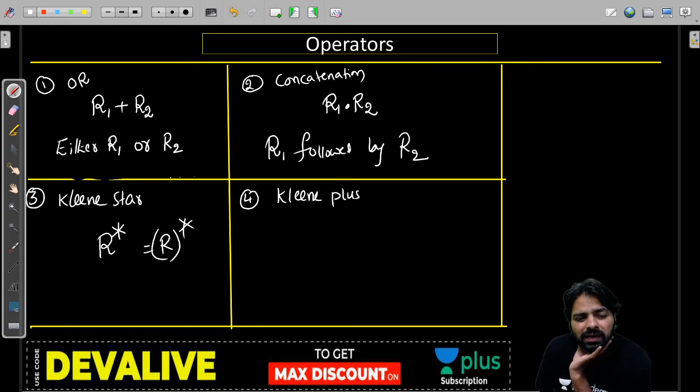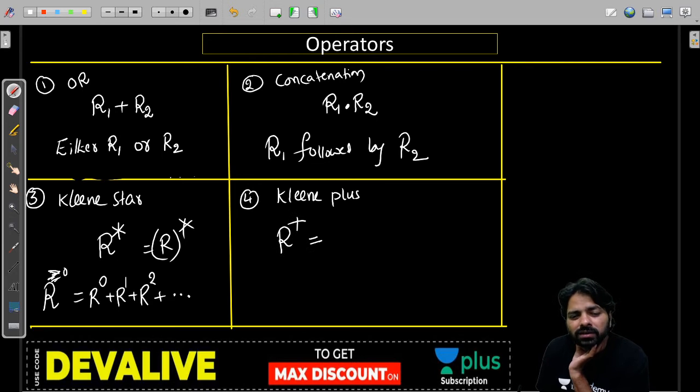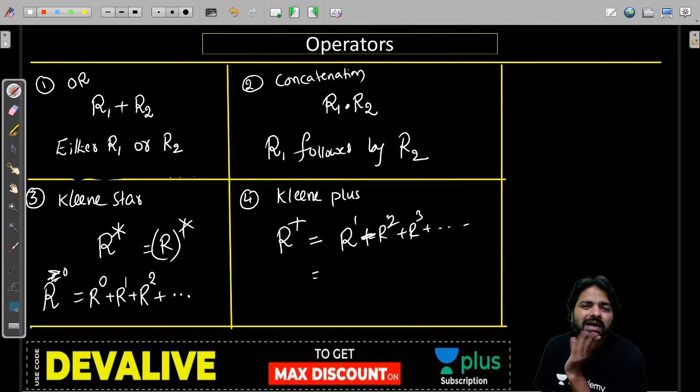It means you can take R any number of times, greater than or equal to 0. It's just like R power 0 plus R power 1 plus R power 2 plus, and so on. Kleene plus is the positive closure, which is like R power 1 plus R power 2 plus R power 3. The meaning is at least 1, R power n with n greater than or equal to 1.